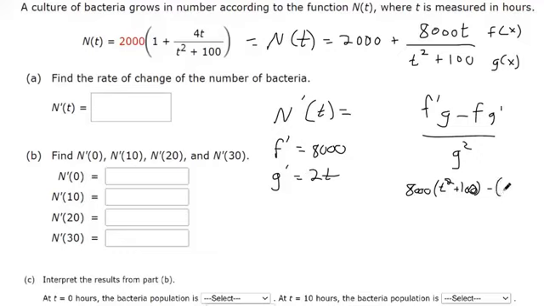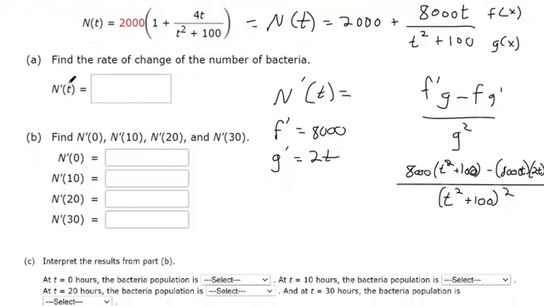So we got 8,000 t times 2t. And that's all being divided by g squared. So this is g, and if we're squaring g, it looks like this. There's g, there it is squared. So that is our derivative. It's just kind of ugly, hard to type in.